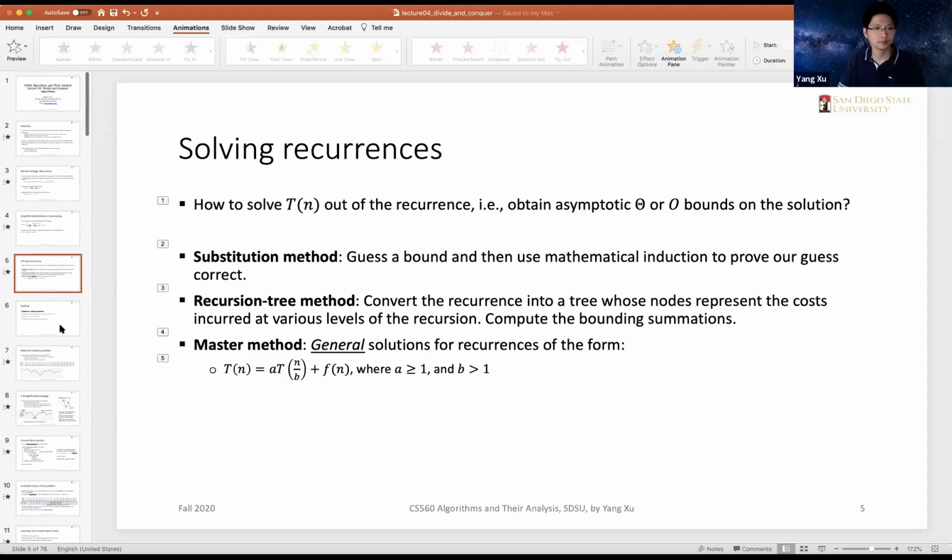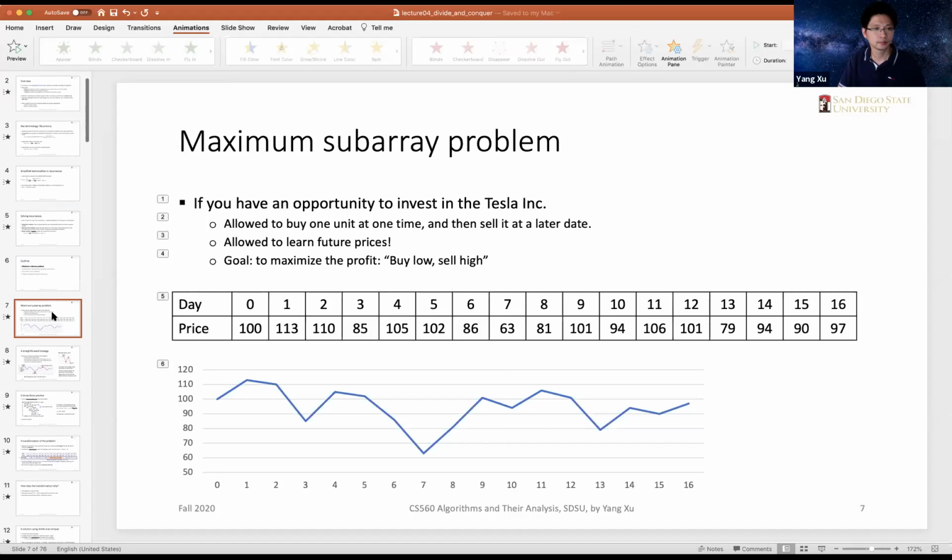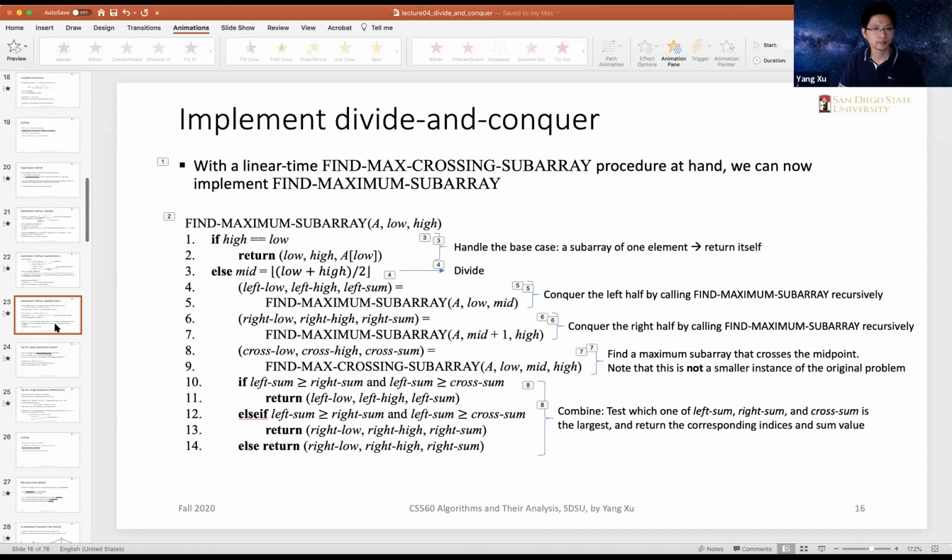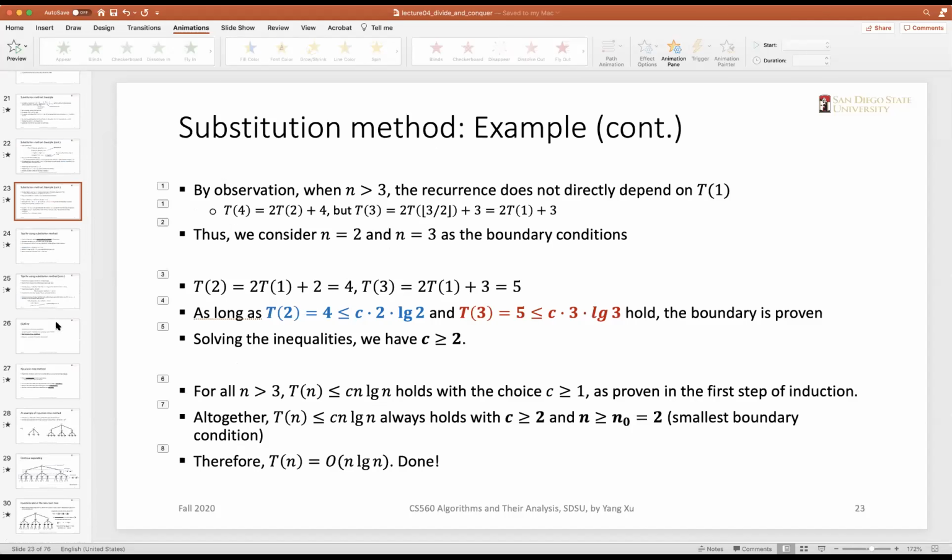Let me go to the slide quickly. I need to share my screen again. I think it was that one. Yeah, where T of 2 equals 4, which is less than or equal to c times 2 times log 2. But if you plug in 2 for c, it's not true, right?